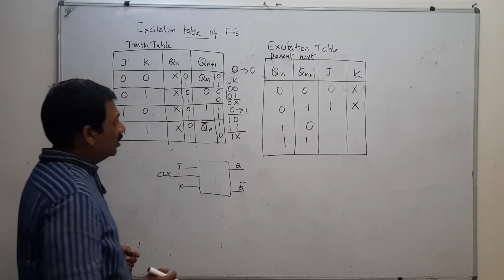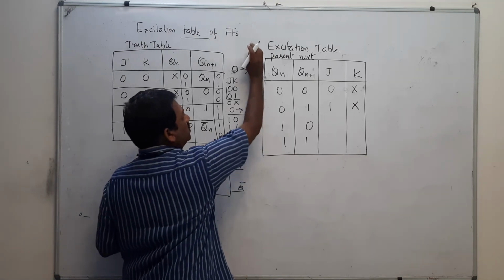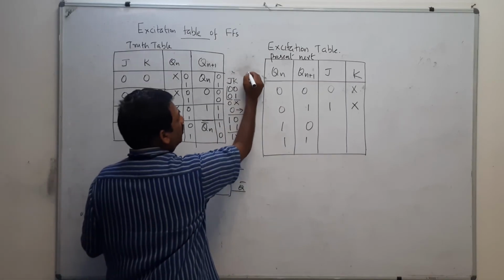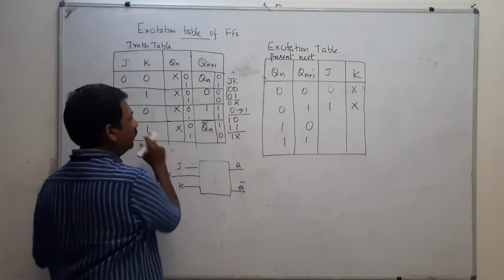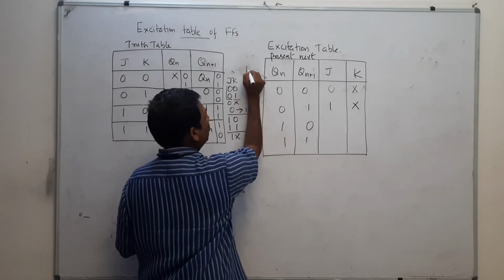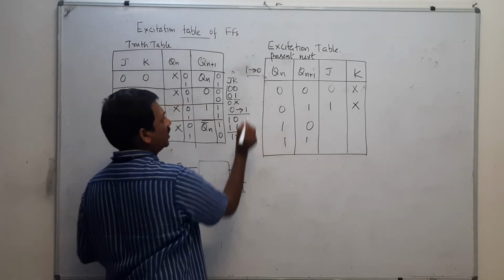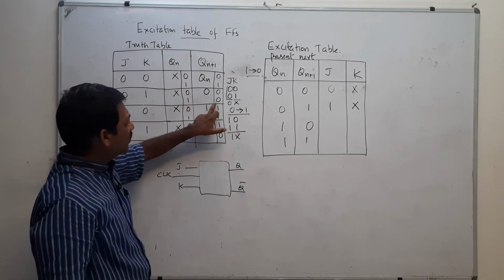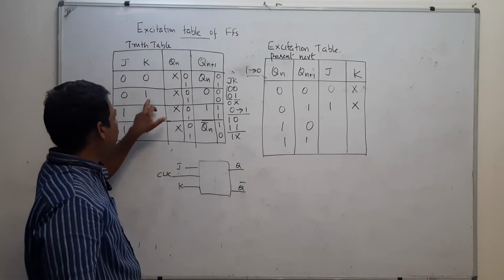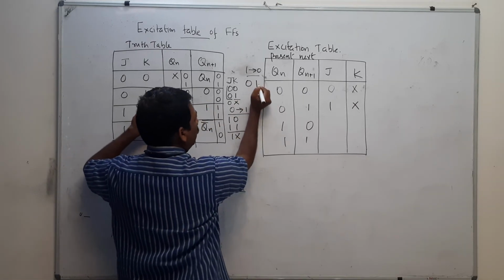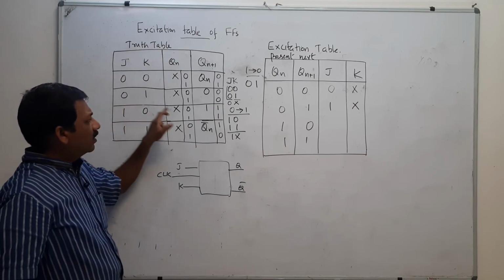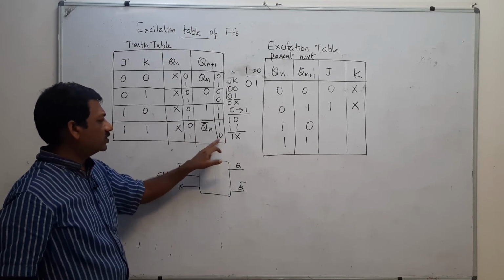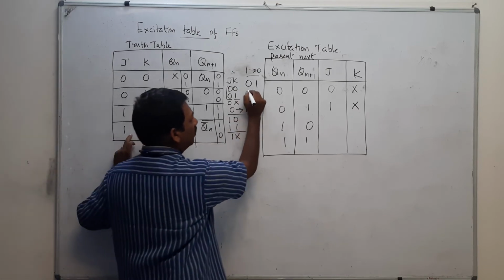Now, if you want to have a 1 to 0 transition, what is the value of j and k? Here 1 to 0 transition, in that case the value of j and k are 0, 1, 0, 1, and here 1 to 0 transition we don't have, here also we have 1 to 0 transition, in that case it is 1, 1, 1, 1.